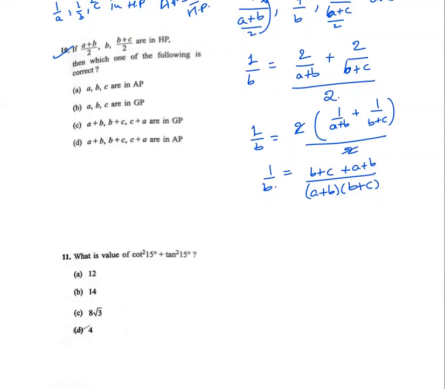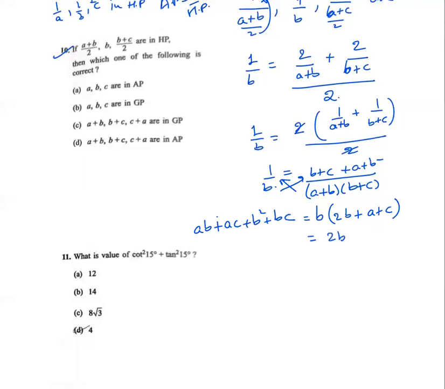Now just cross multiply this thing. If I solve this numerator, B plus B is 2B, plus A plus C, whole thing multiplied by B, cross multiplication, and then on the other side A into B, AB, A into C, AC, then B into B, B square, then B into C, BC.